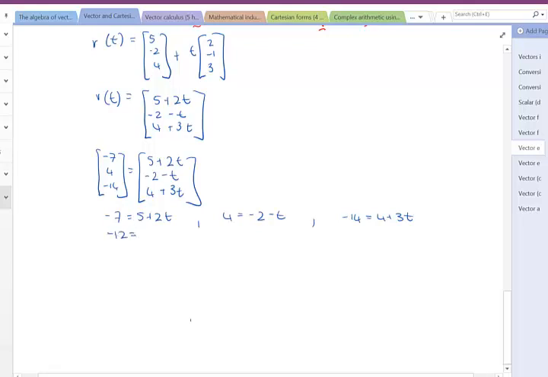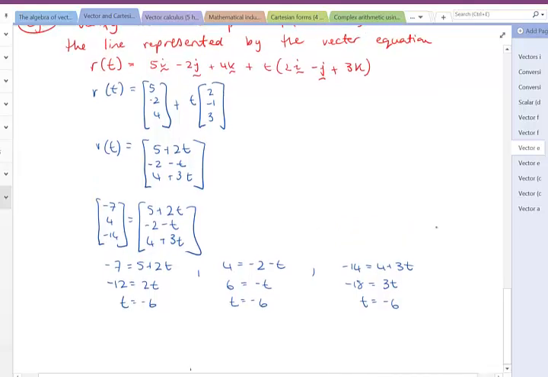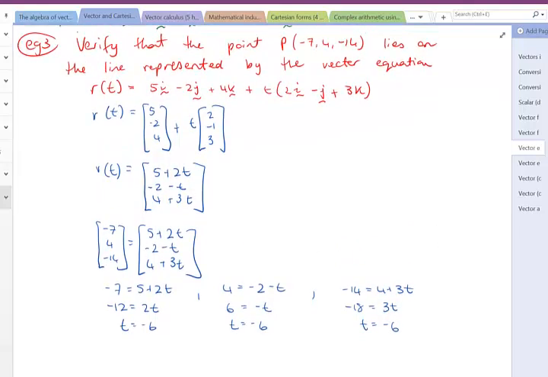So -12 is equal to 2t, divide by 2, and t is equal to -6. We add 2 and we get 6 is equal to -t, so therefore t is equal to -6. We subtract 4 and we get -18 is equal to 3t. We divide by 3 and we end up with t is equal to -6. Now, as t is equal to -6 for all three, that means at that point in time it is at the position (-7, 4, -14).